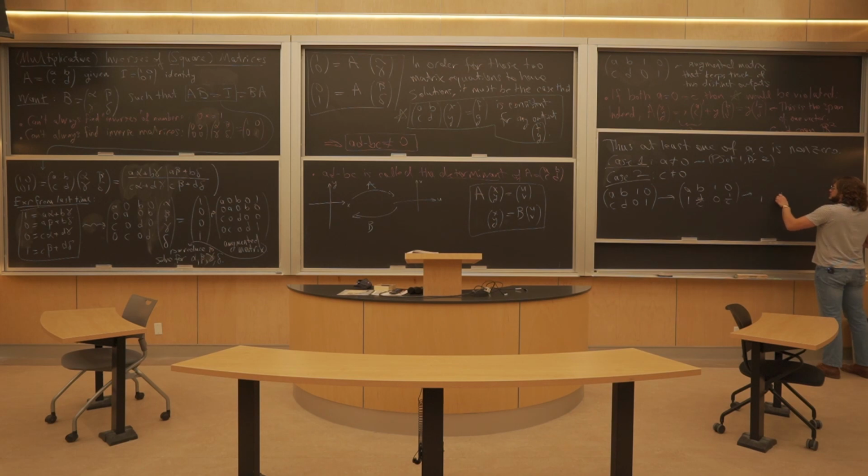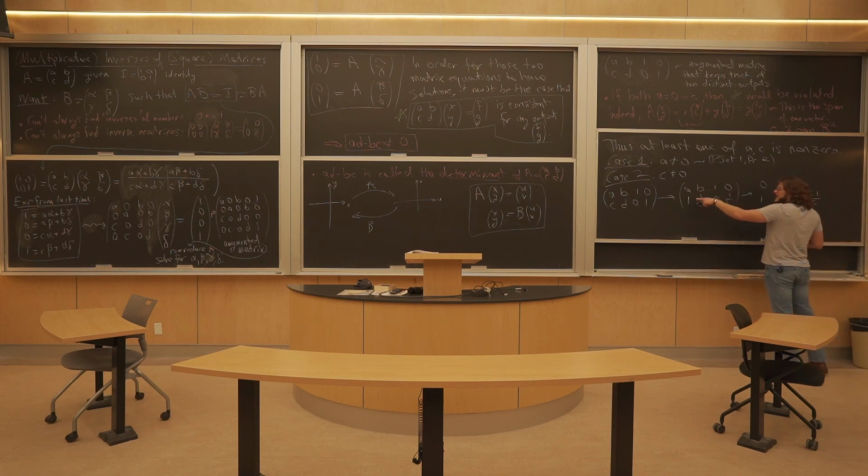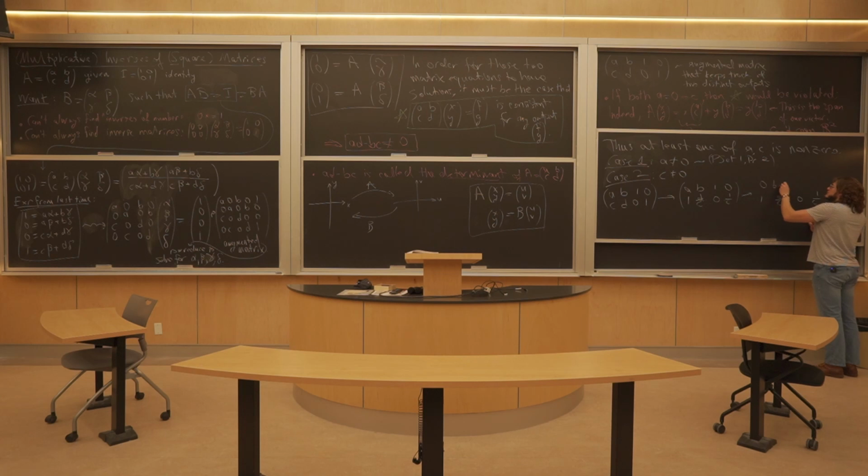So 1, D divided by C, 0, 1 over C, and then 0. And here now I'm seeing B minus AD divided by C. Here this is 1, and then this is minus A over C.